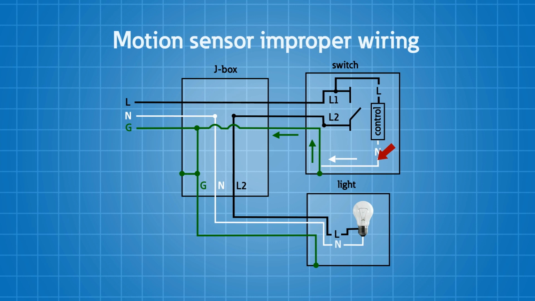But it would put current over the equipment grounding conductor. And based upon the definition that we just created, that would be current flowing on the equipment grounding conductor that's not because of a faulted condition. That would be what we call objectionable current. And that is not permitted by the National Electrical Code.